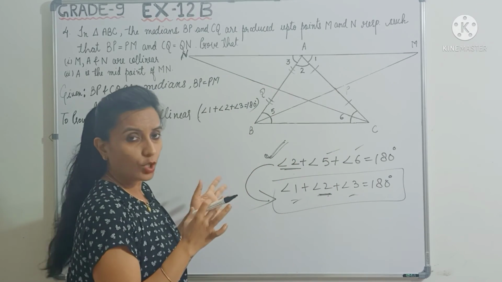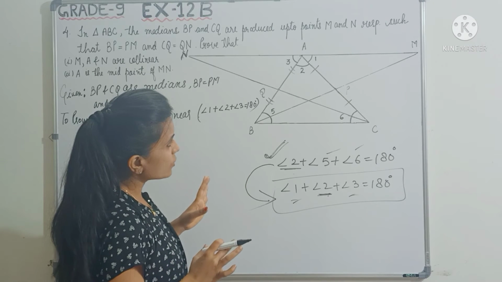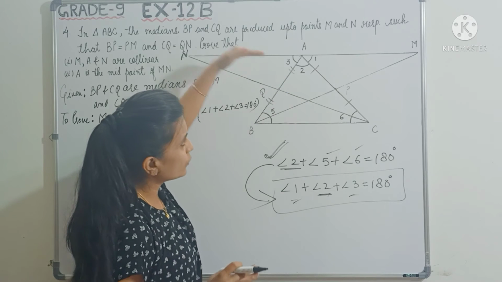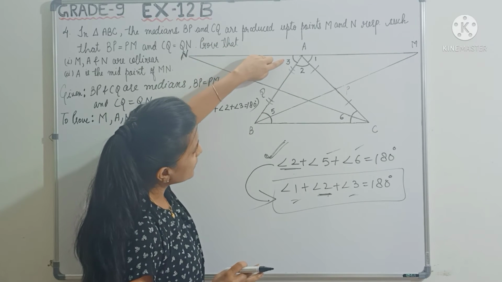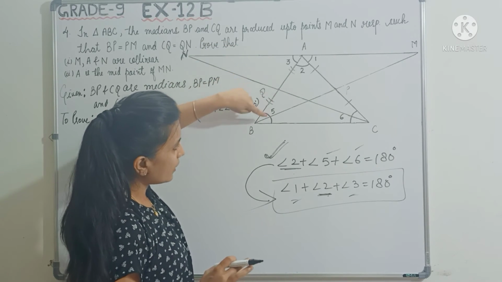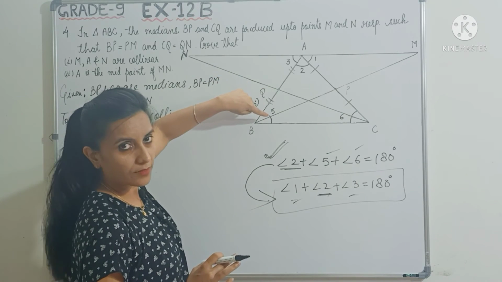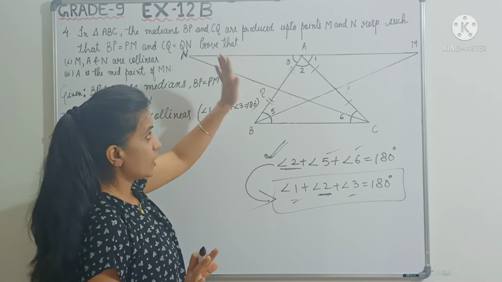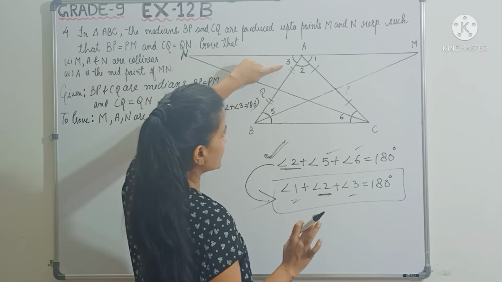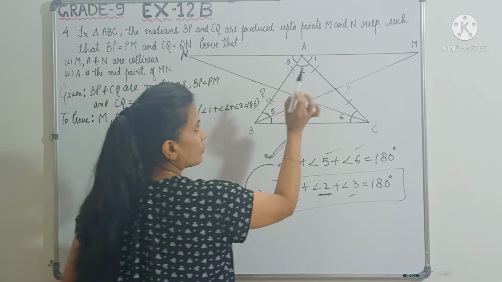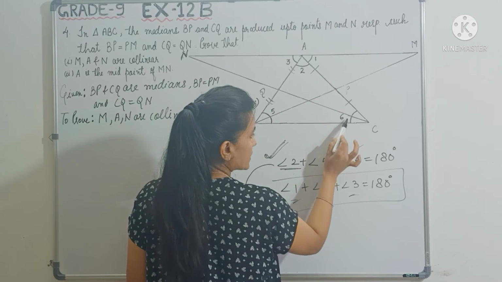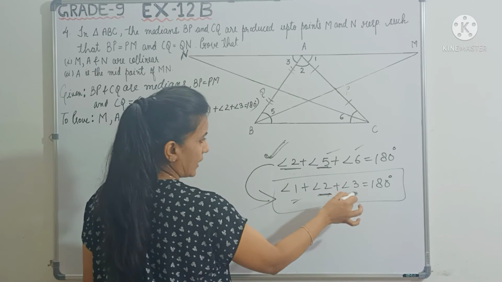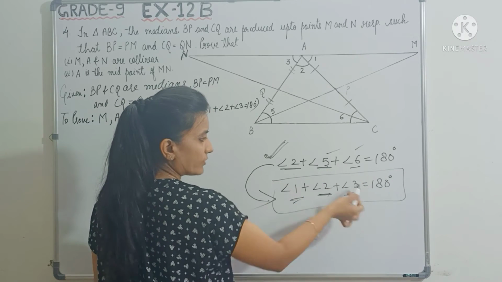Now again carefully observe. Do you see any kind of relationship between 3, 5 and 1, 6? Don't you think that angle 3 and angle 5 are alternate interior angles? But right now they are not equal because I have no information. So if I show that angle 3 is equal to angle 5 and angle 1 is equal to angle 6, then I can replace angle 5 with angle 3 and angle 6 with angle 1, and I will get this relation.